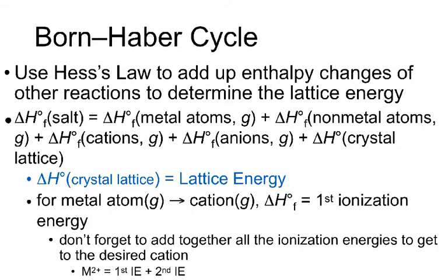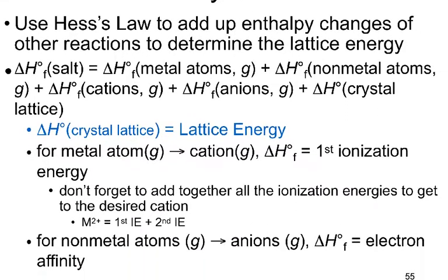One way to calculate the lattice energy is to use the Born-Haber cycle. This is using Hess's law, and it adds up the enthalpy changes of other reactions to determine the overall lattice energy of the formation of an ionic solid. So we can look up the delta H of formation of the salt.